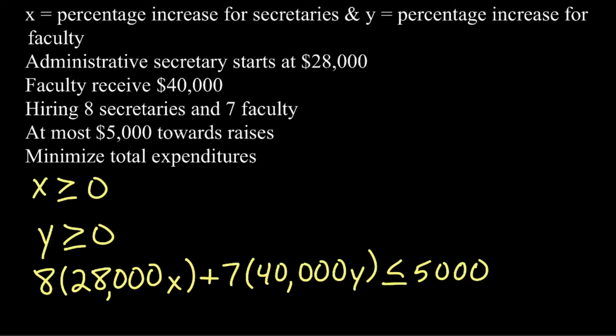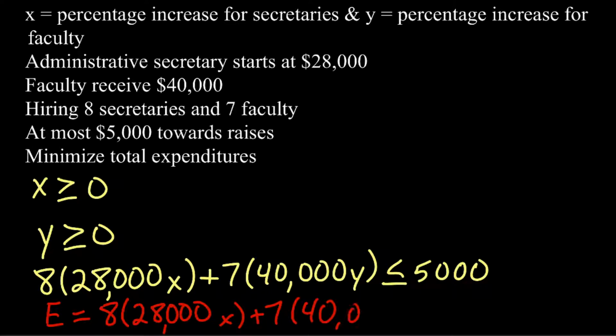The other thing that we need to remember is the equation for the total expenditures. So the total expenditures, let's call it E, will equal 8 times 28,000 x plus 7 times 40,000 y, and this is just the total expenditures that they're considering increasing.